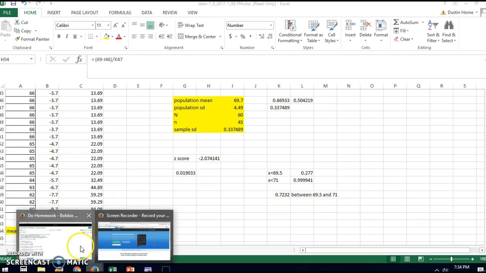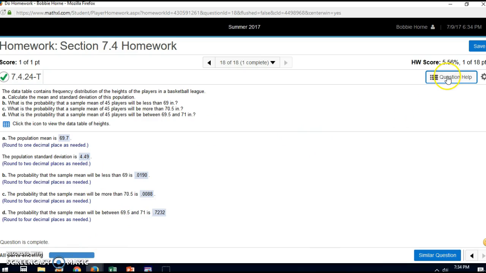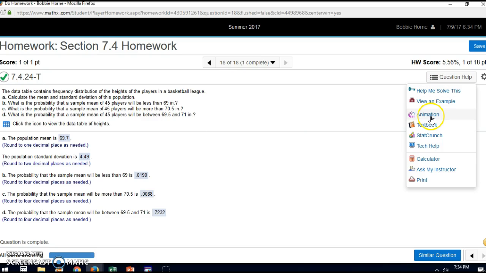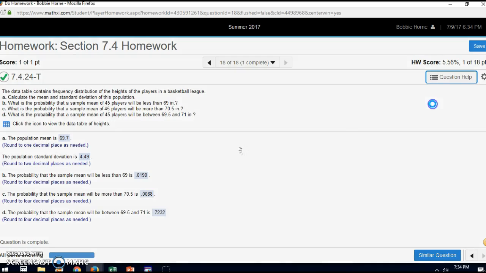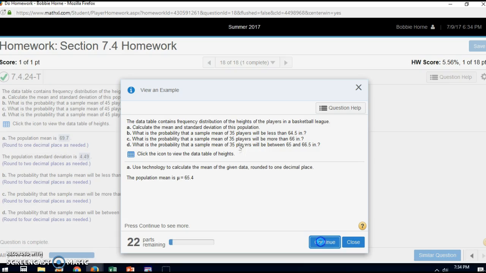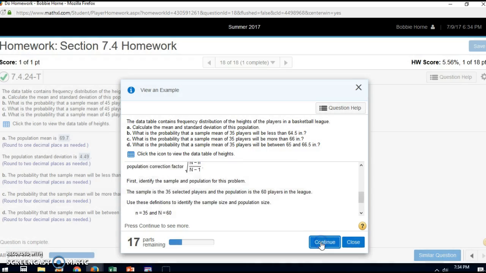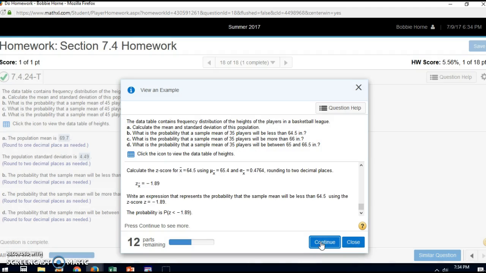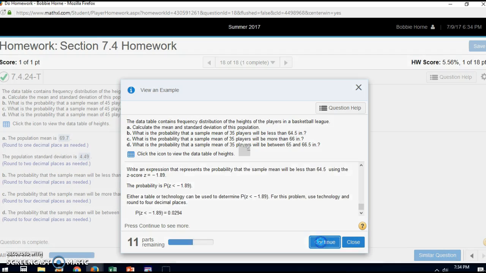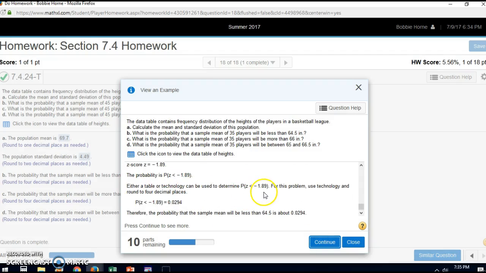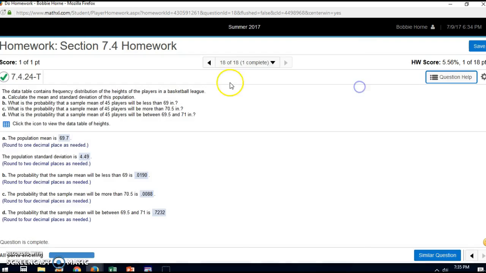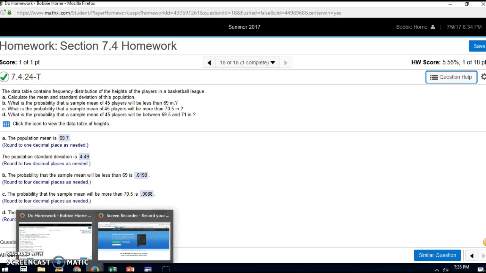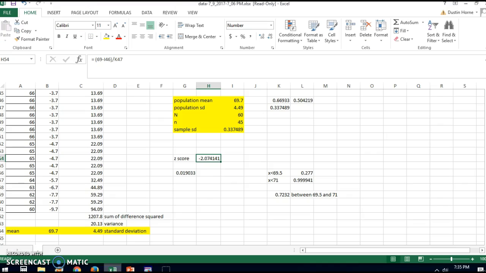Now, if you look at your directions here, or view an example, it's going to tell you to use technology. Let me go down to where we were. Okay, use technology. Don't use the table. If you were on the test, you would have the z-table in front of you and you would look up the z-score and find the probability. But here it wants us to use technology.